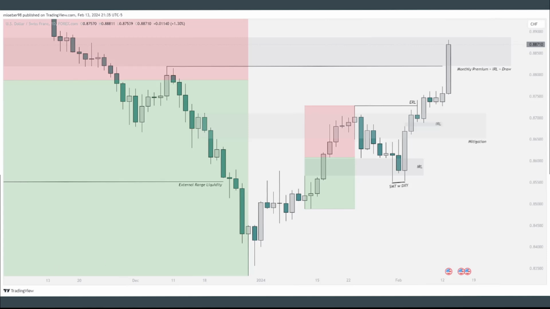If I see nothing, then I do nothing and I move on to the next pair. And you can see with USD CHF, I was able to identify something on the monthly, the weekly, and the daily chart. So that to me in itself was how I labeled USD franc as a high conviction, high probability, long trade market maker buy model to the monthly premium internal range liquidity pool.